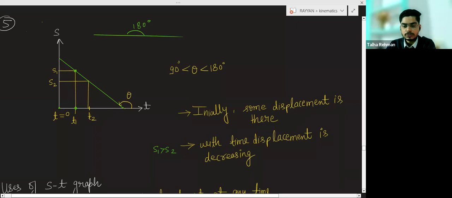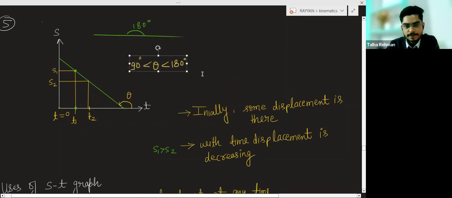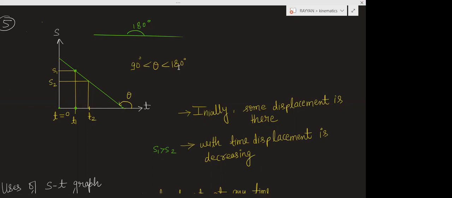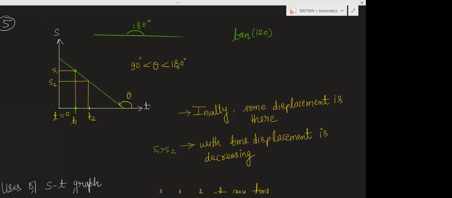So what can we say about the slope if the angle of the graph is in 90 to 180? The value of tan between 90 to 180 will be negative. Between 90 to 180 degrees, the value of tan of any angle, suppose tan 91, you will get some negative value. For example, tan 120 degree.